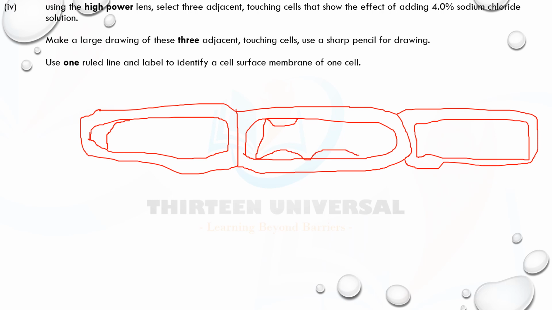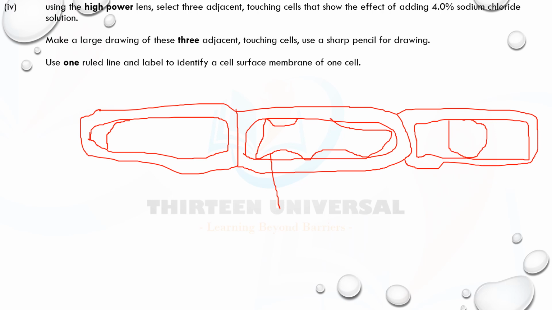The cell wall is begging her, please don't go away, or him. Okay, now this is completely detached. So you see, any of these could show plasmolysis. Then you now label it with a ruled label line, straight. You now label it surface membrane.